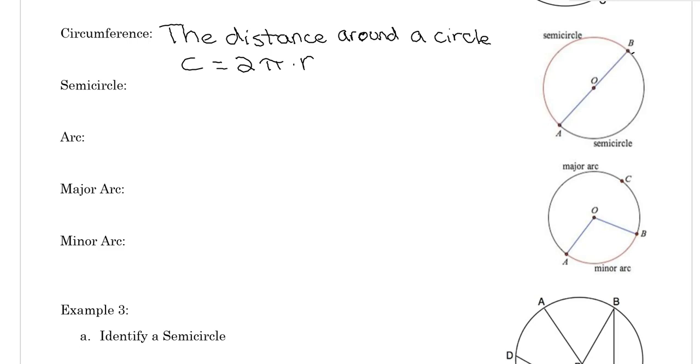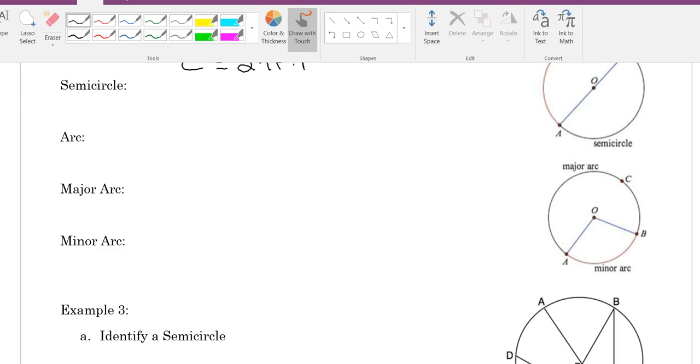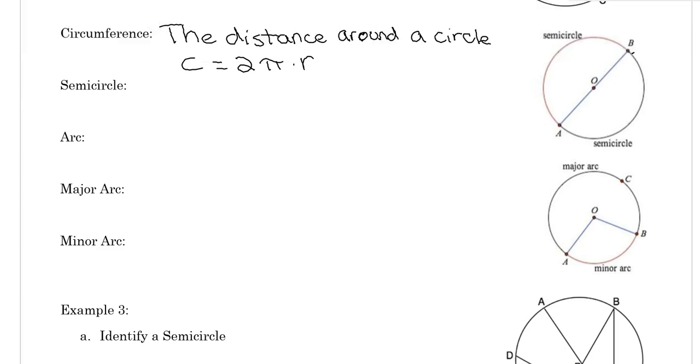Alright, then we have the semicircle. A semicircle is half the distance around a circle.